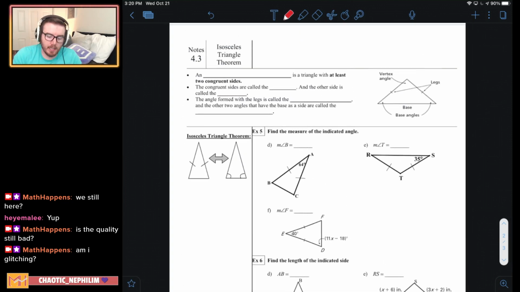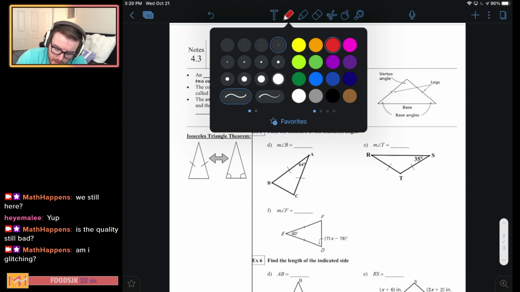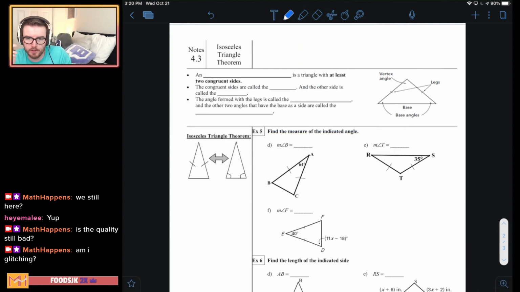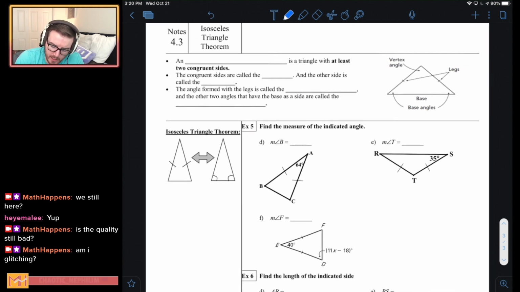All right, because adding up angles for quadrilaterals and triangles isn't all that difficult, we're sprinkling on a little bit more here with isosceles triangles. An isosceles triangle is a triangle with at least two congruent sides.